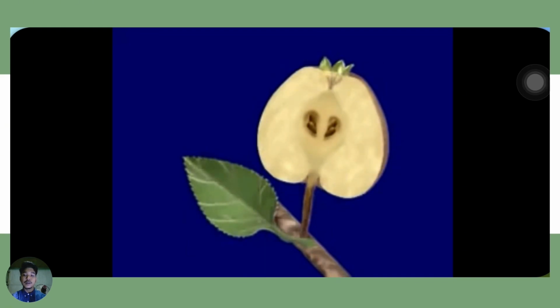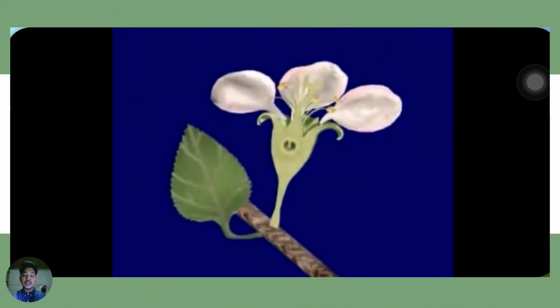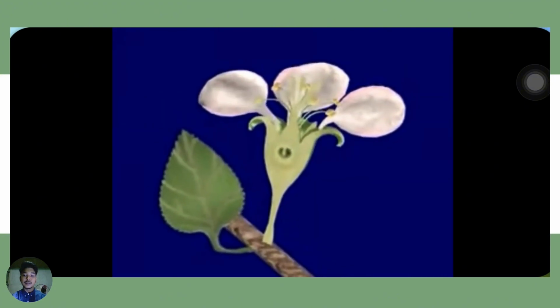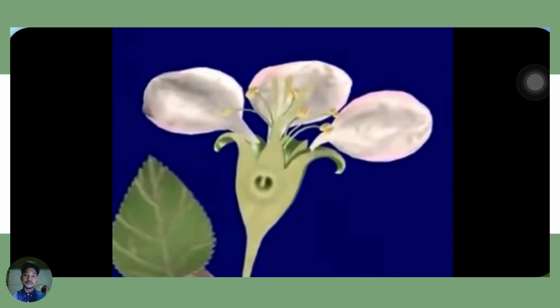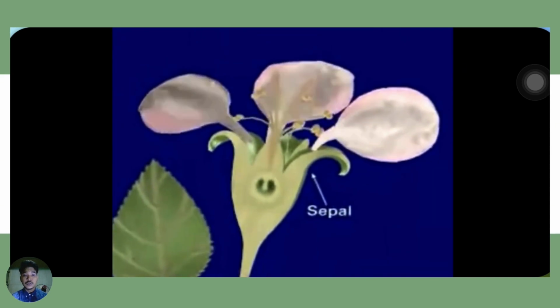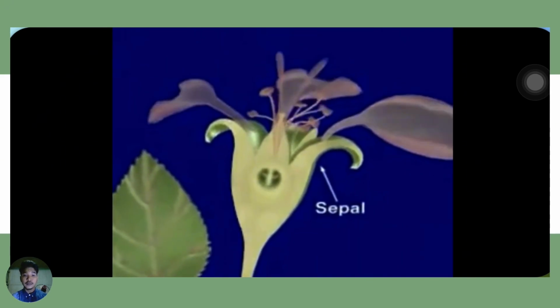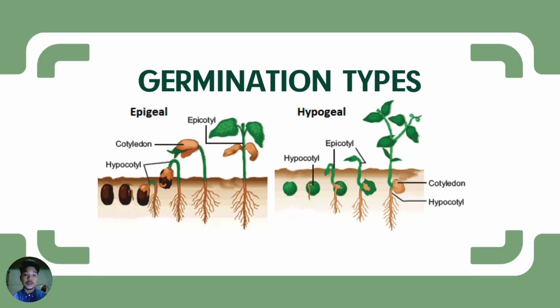The remains of the seed could be seen at the end of the fruit. The fruit is attached to the plant at the opposite or stem end of the fruit.